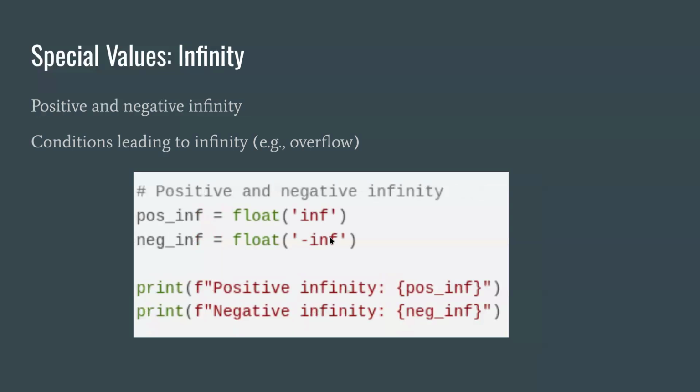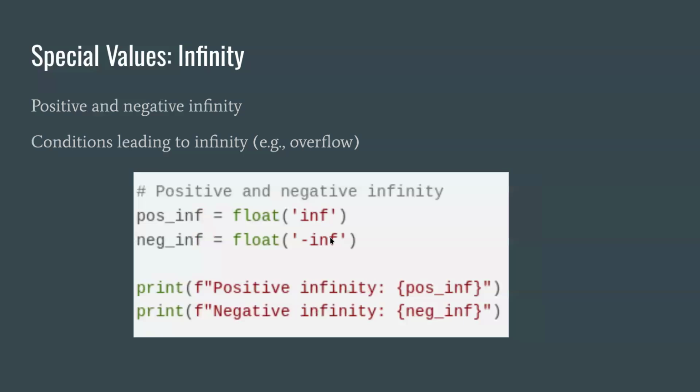Next is infinity. So the IEEE 754 standard also defines positive and negative infinity. And these values are used to represent results that exceed the largest representable number. It is a condition known as overflow.